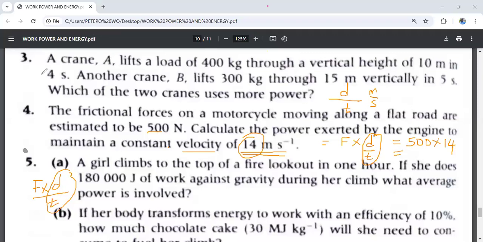Okay, after doing number 4, then we do number 5, part A only.